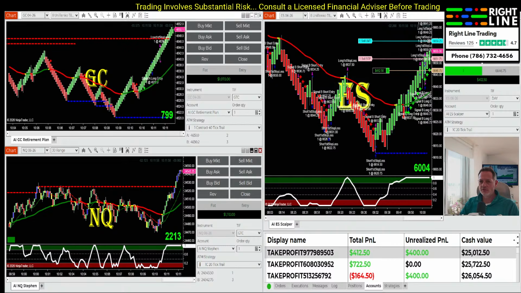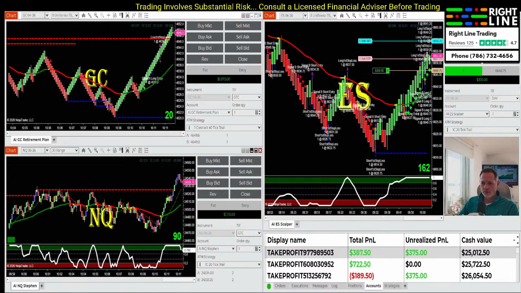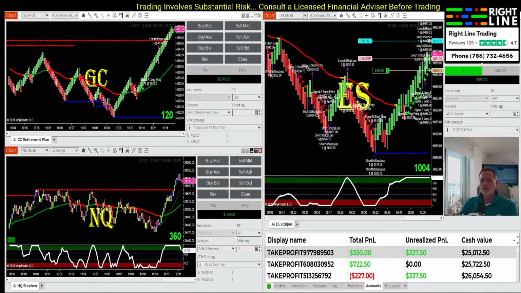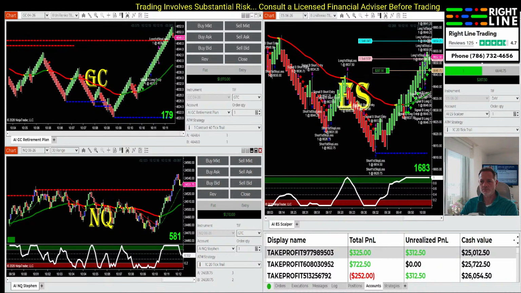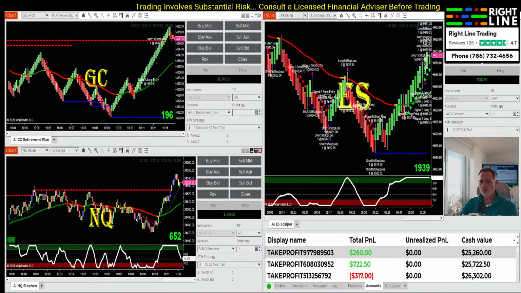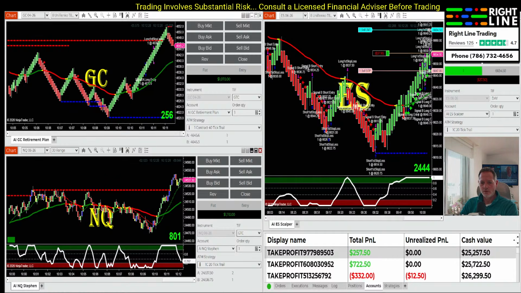ES scalper over on the right. Stop moved up. Another little nugget. Back in.